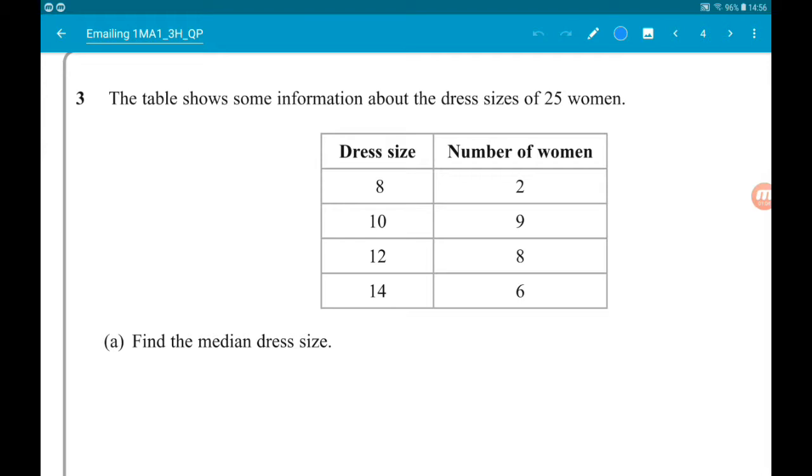If you have an odd number of things, as we do here, you add 1 to it and divide by 2. So 25 add 1 is 26. 26 divided by 2 is 13. So the 13th woman is the median.